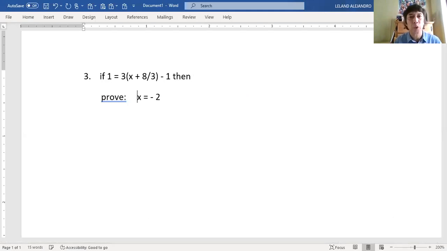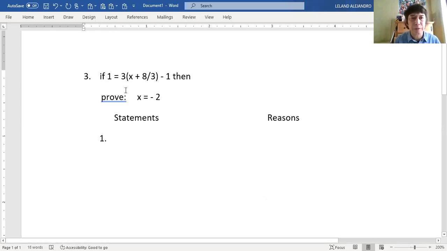Again, our solution is by the top-down version with two-column statements and reasons. So we shall have statements and reasons there.